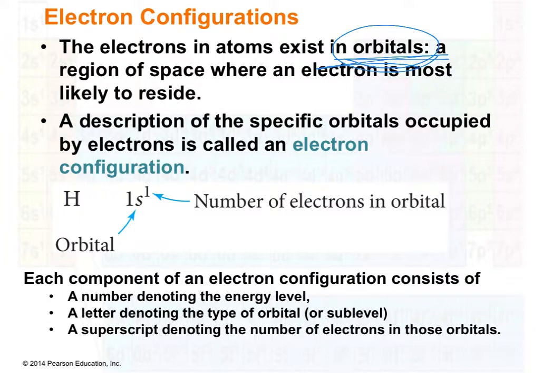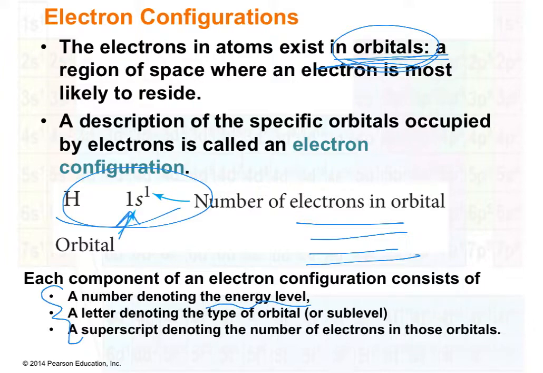Electron configuration is a shorthand notation that gives us the information we need about a particular electron, and that notation looks like this. The number, in this case 1, tells us the primary energy level of an electron, and it also corresponds to the periods on the periodic table.